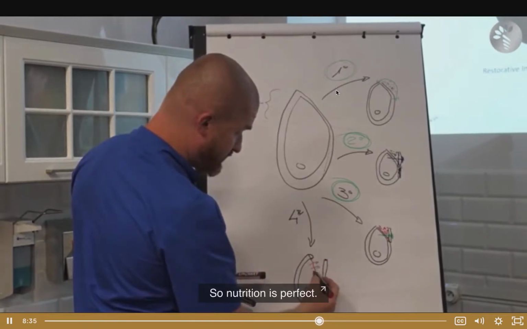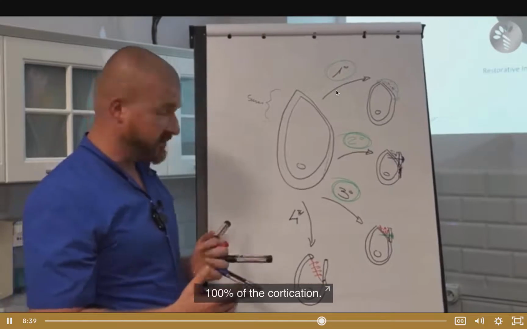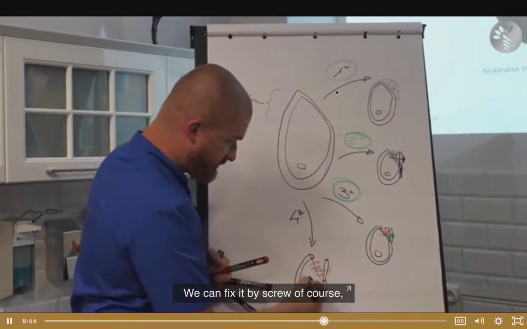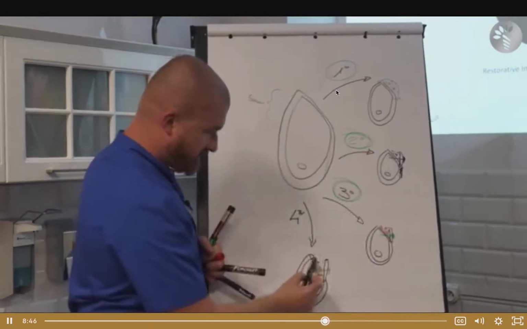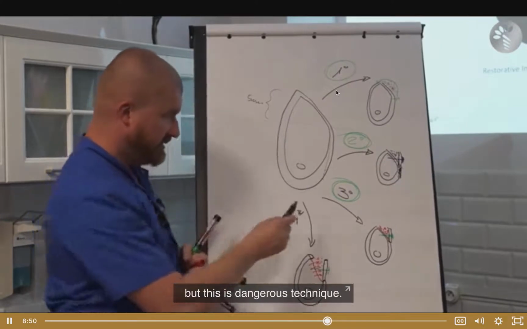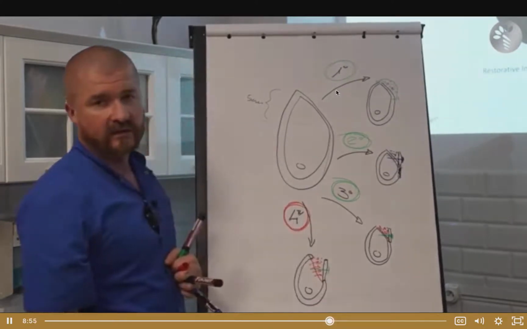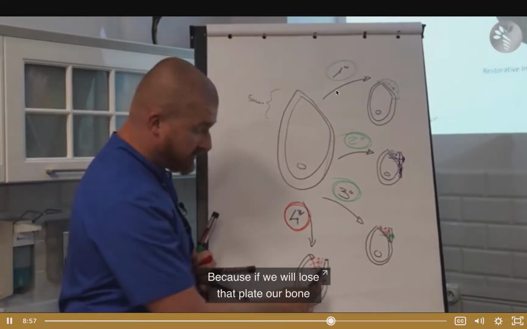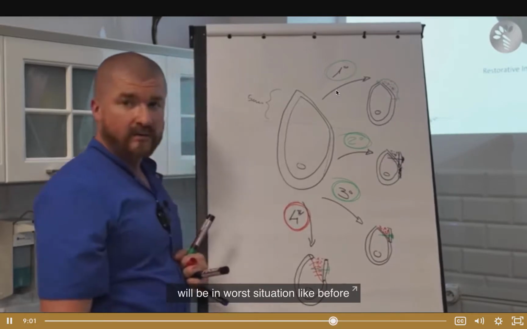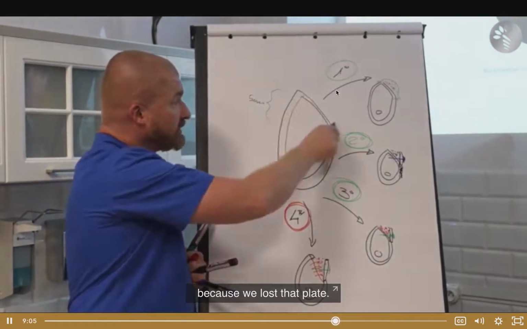So nutrition is perfect. 100% decortication. We can fix it by screw, of course, any graft, but this is a dangerous technique. Because if we lose that plate, our bone will be in a worse situation than before, because we lost that plate.